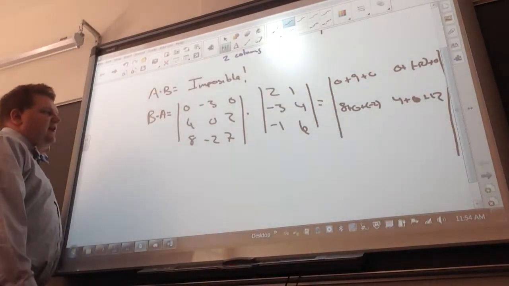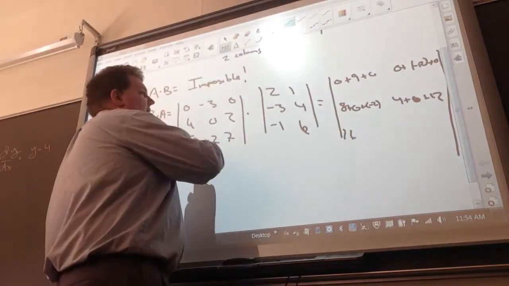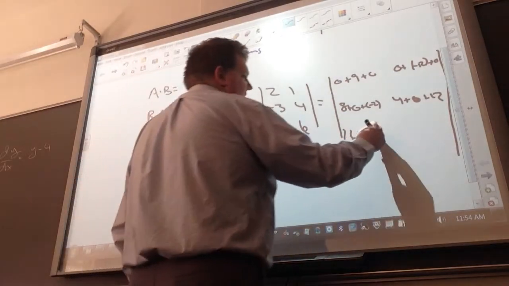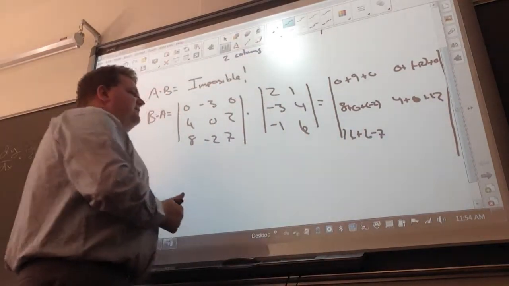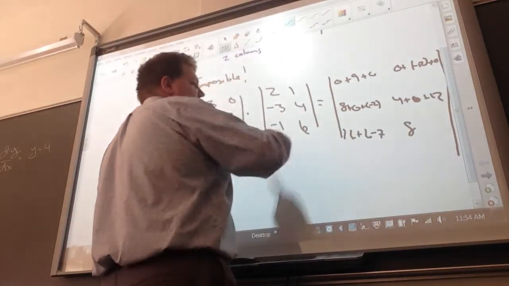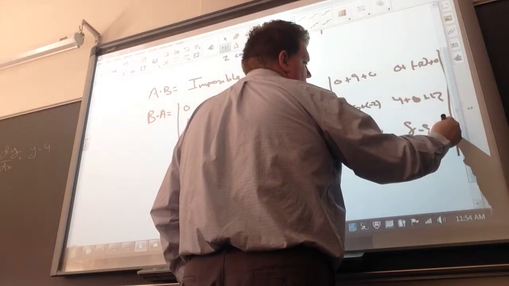Out of columns, next row. 8 times 2 is 16. Negative 2 times negative 3 is plus 6. 7 times negative 1 is minus 7. And the final ones: 8 times 1 is 8. Negative 2 times 4 is negative 8. 7 times 6 is plus 42.